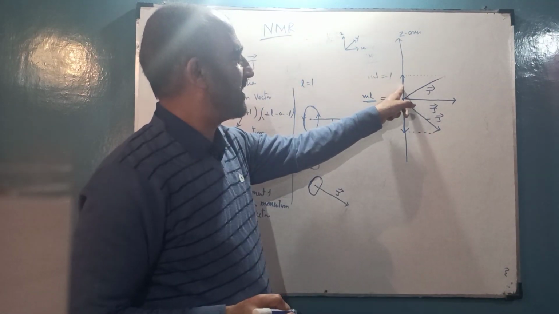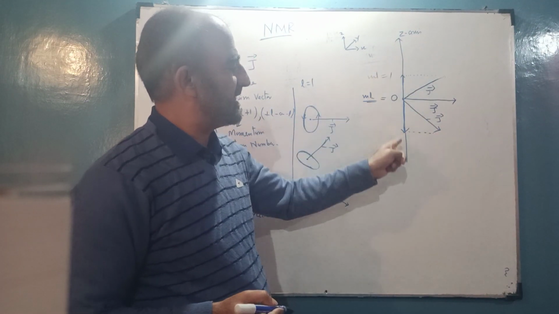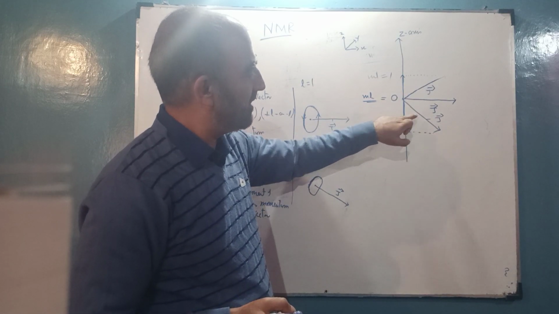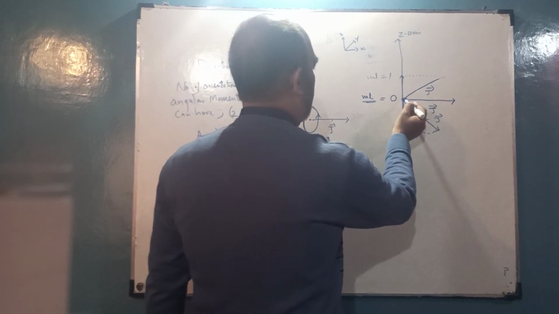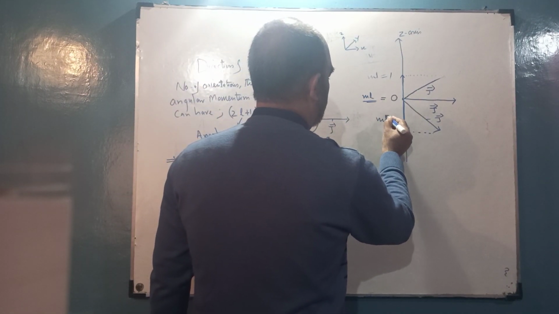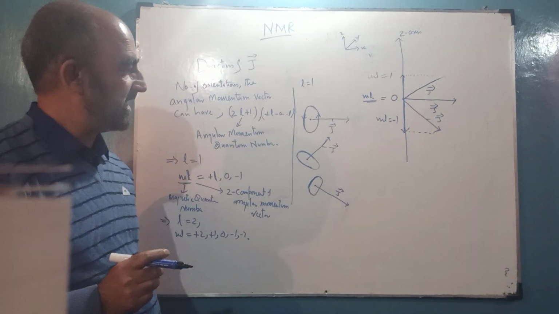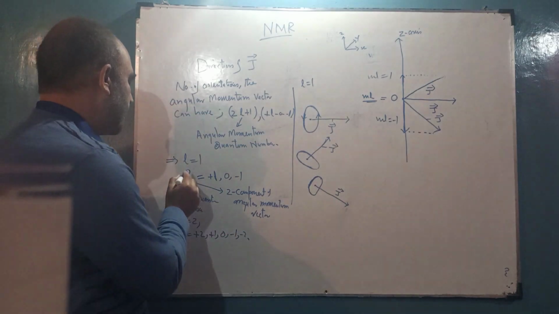This component vector gives the component of the angular momentum about the z-axis for this vector, and this vector gives the component vector of the angular momentum in this orientation. If I call it plus 1, then I call this ML equal to minus 1. So that makes it very clear what we mean by the ML value.